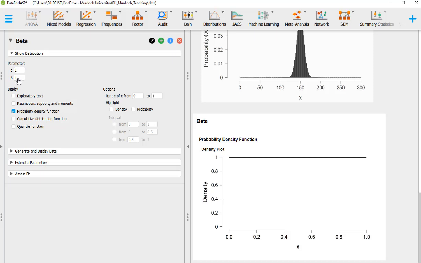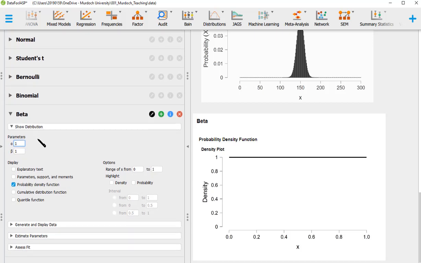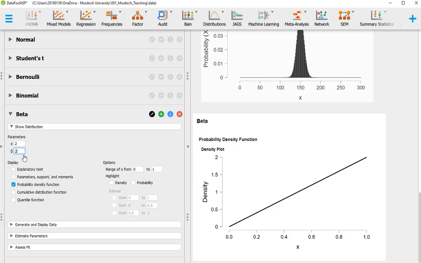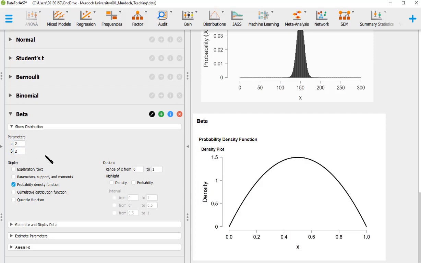If we use larger numbers here, the values will be closer to 50%. So with 2 and 2, it centers on 0.5, but values that are away from 0.5 are still possible. Basically, this is telling us we observed 2 landings in the region of interest and 2 landings outside that region.